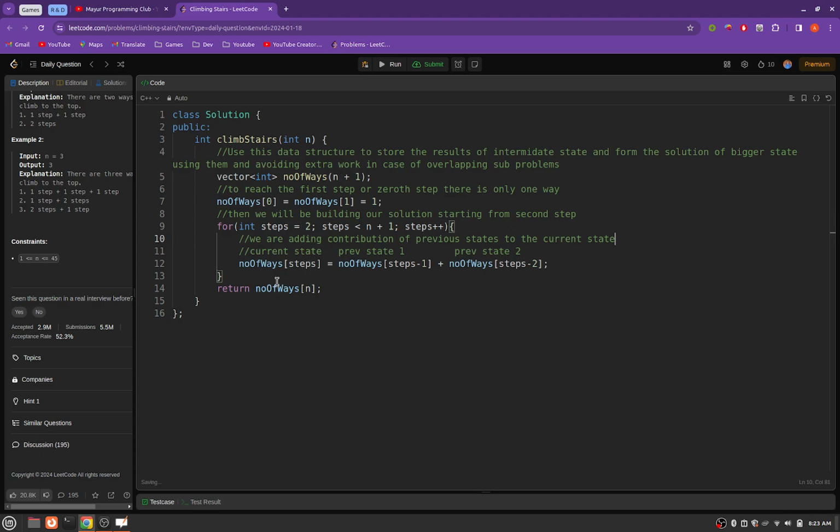And then simply we will be returning the number of ways to reach the nth stair. Okay, so this is how we will be solving this particular problem.